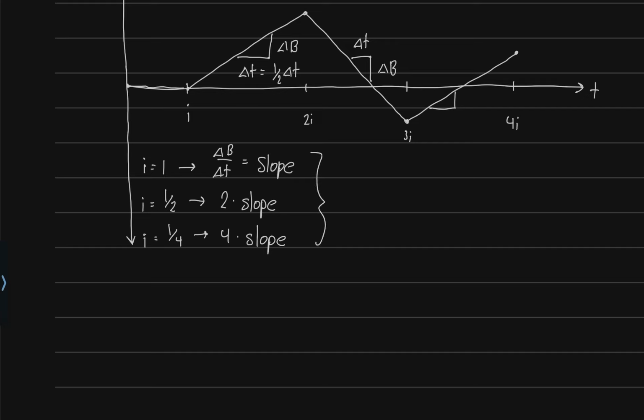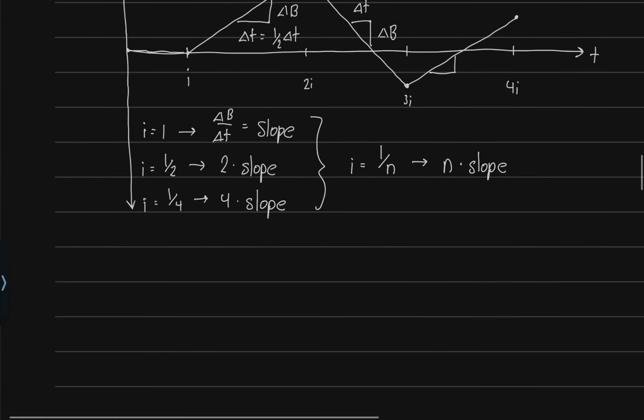So this reveals something. There's a pattern here. If I say I is equal to 1 over n, then that would imply that my slope would be n times my original slope, my slope being I of 1, right, or just dB/dt. Cool.